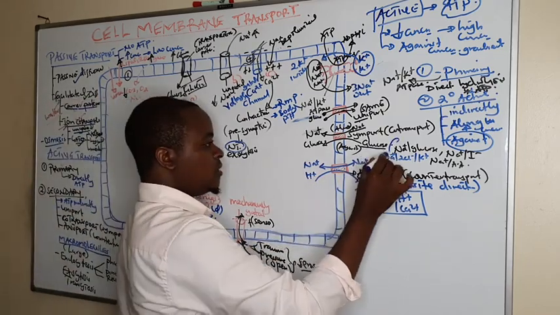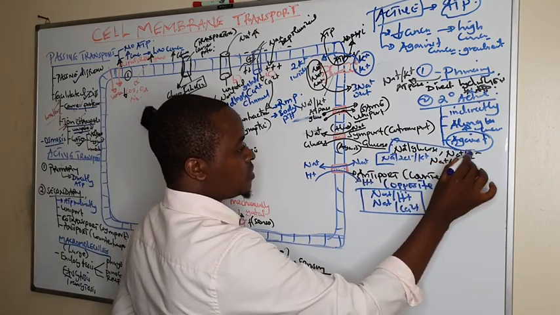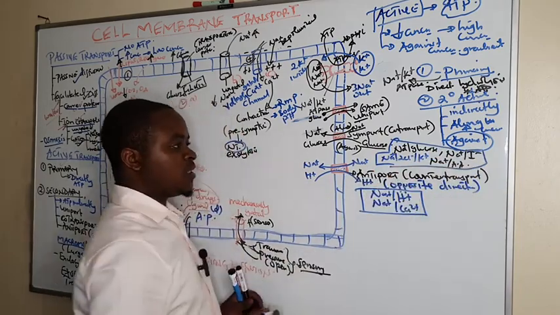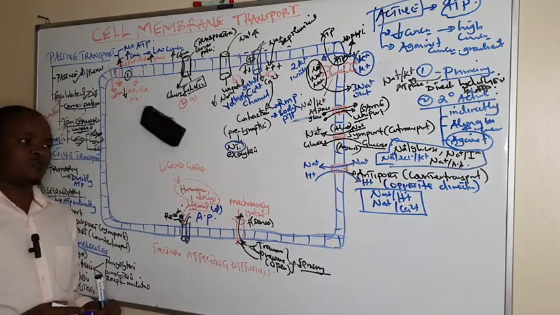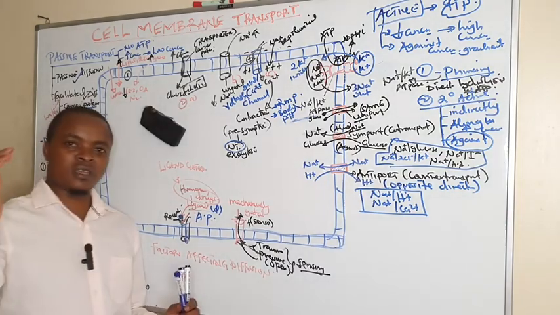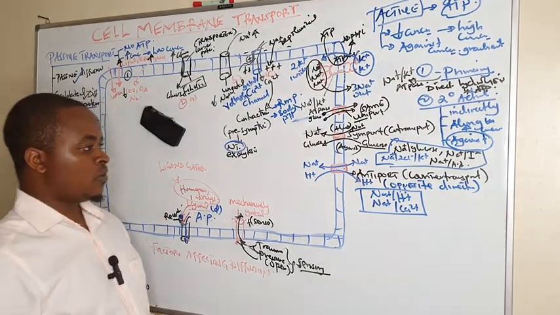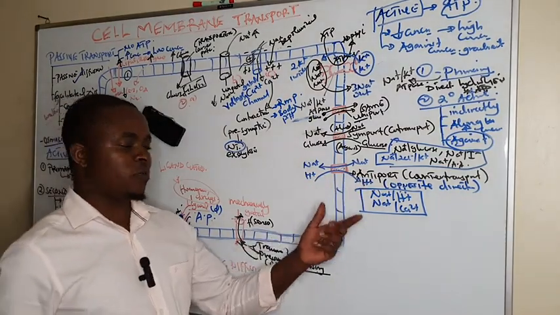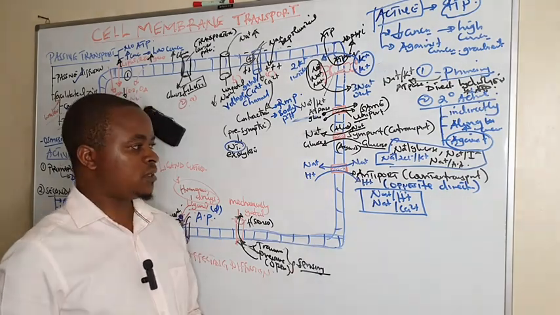All these are examples of symporters, or what we call co-transport, whereby substances are moving in the same direction, whereas in antiporters, they are moving in opposite directions.